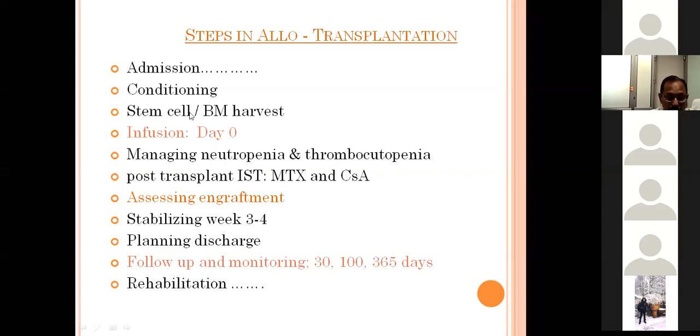So, your stem cells which you have harvested and infused on day 0, they will take time to proliferate. Usually it is 2 weeks for peripheral blood. So you have to manage neutropenia, thrombocytopenia and anemia for the initial 2 weeks. This is the time when the patient is maximally immunocompromised, neutropenic, thrombocytopenic. Anemia का इतना issue नहीं होता है because you give transfusions.